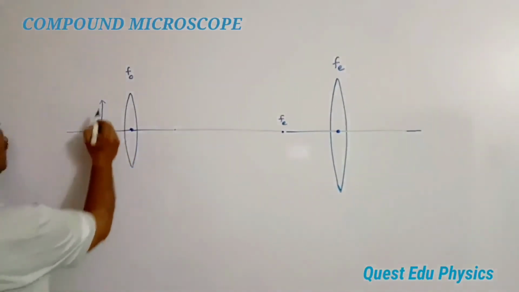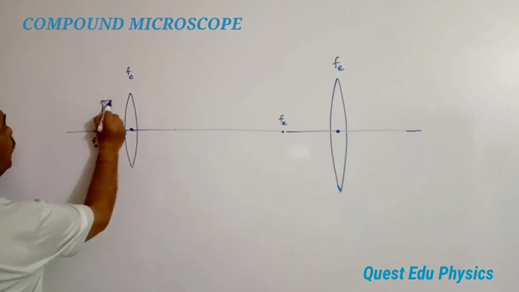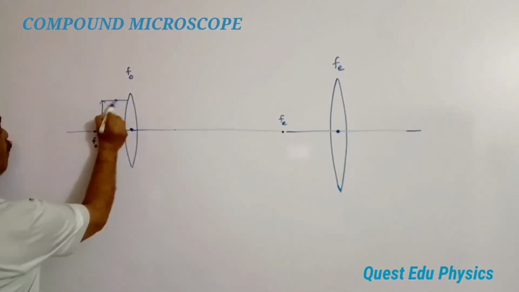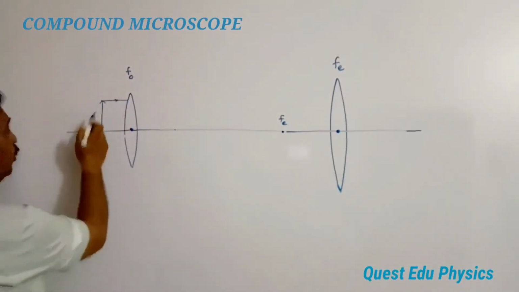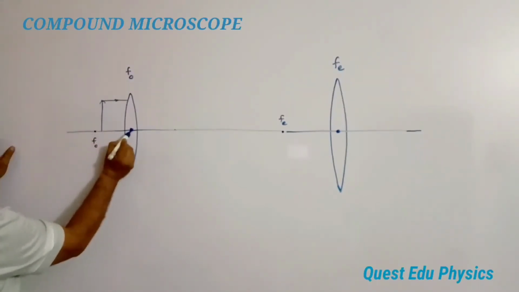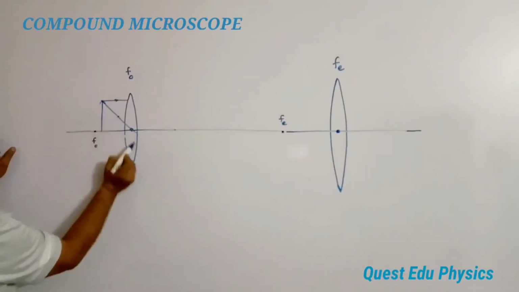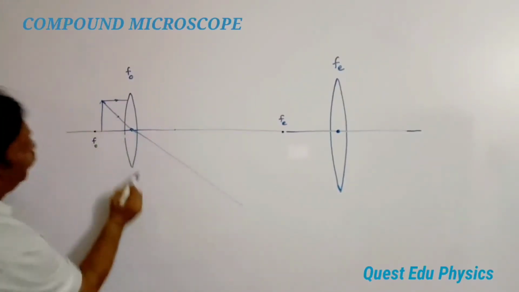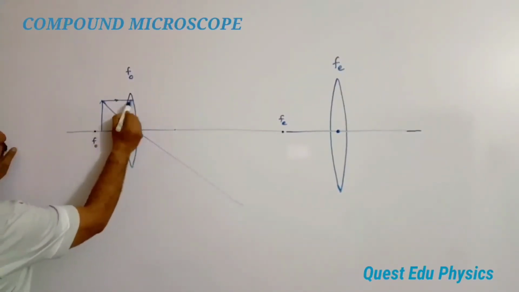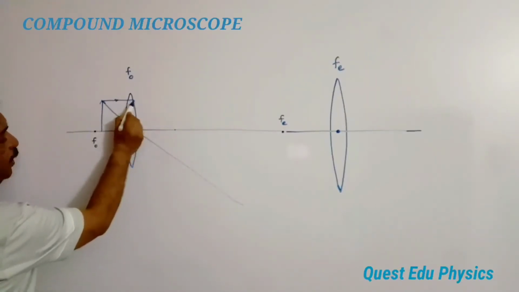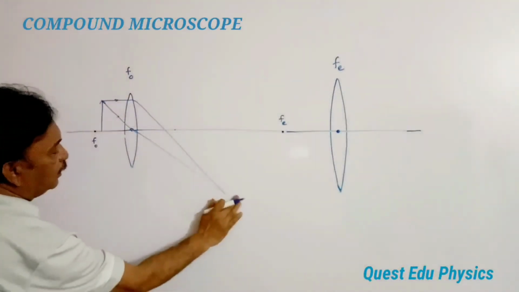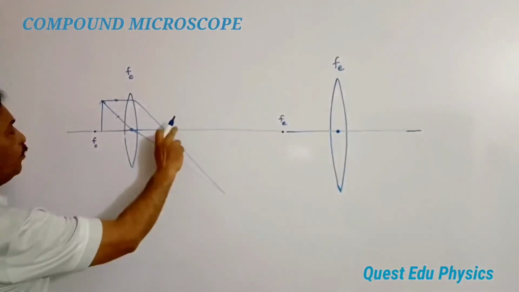One has to pass parallel to the principal axis. The other should pass through the optic center of the lens. If you produce them back, after refraction they meet at a particular point, and there we will get the image.